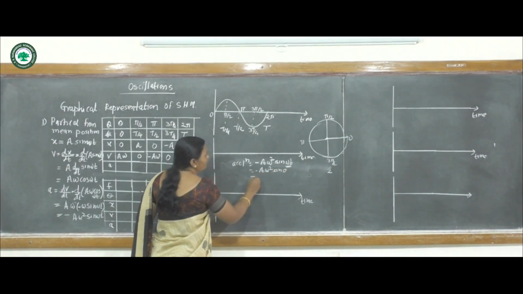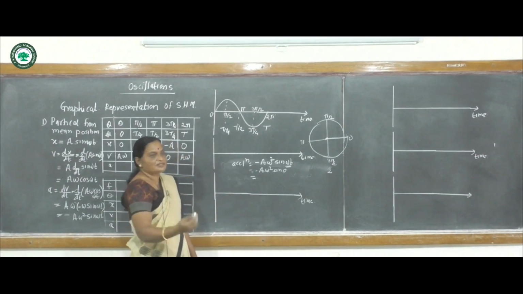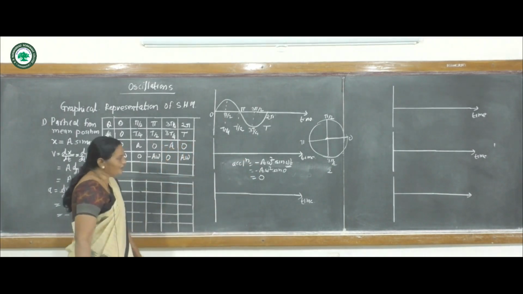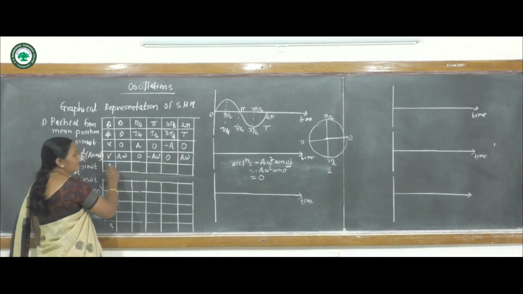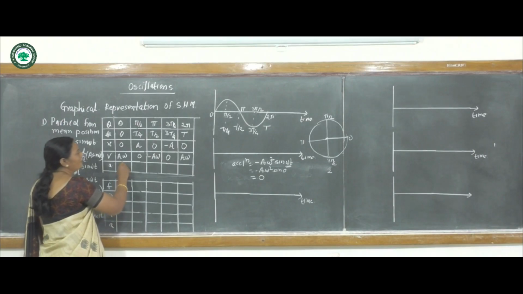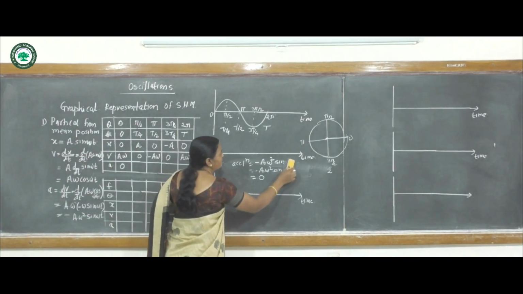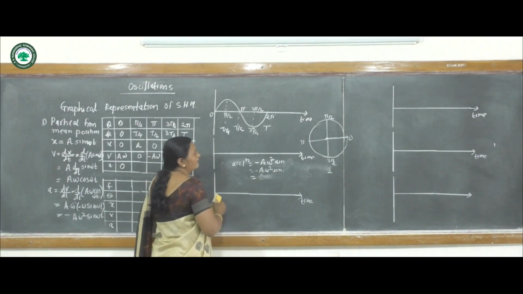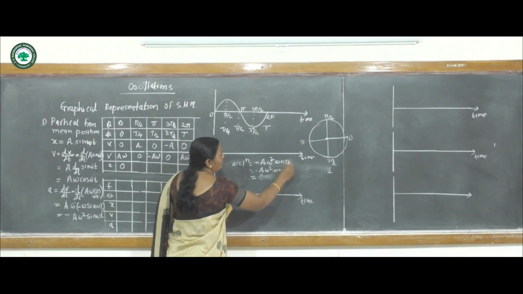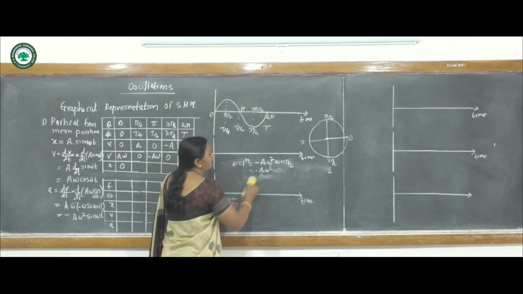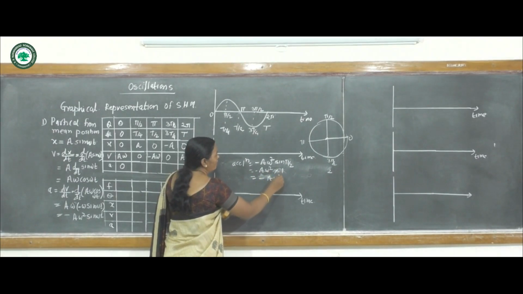We get sin 0 is equal to 0, and the total value of acceleration at 0 angle is 0. Therefore the first value of acceleration is 0. Then again substitute π/2 here, theta is equal to π/2. Sin 90 is equal to 1, and we get the value minus a ω².